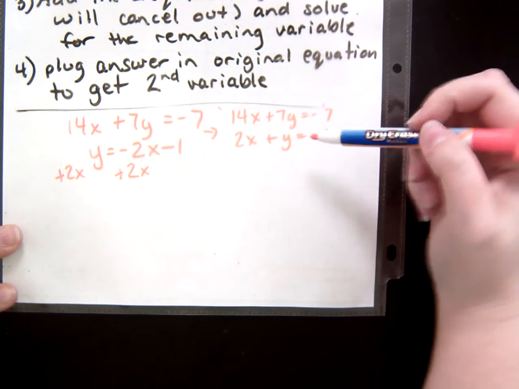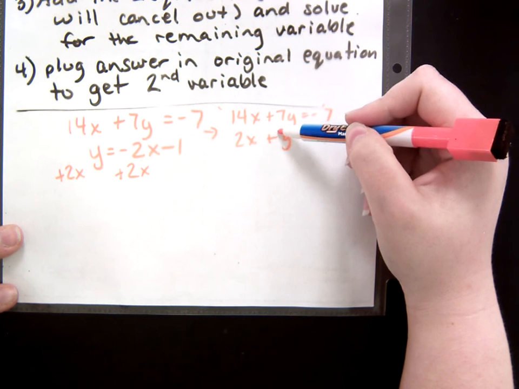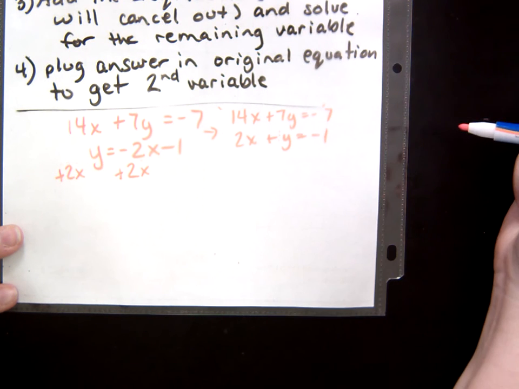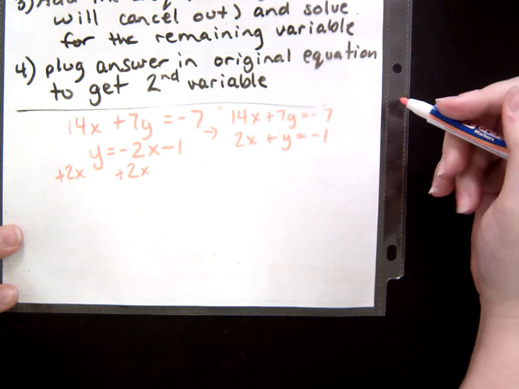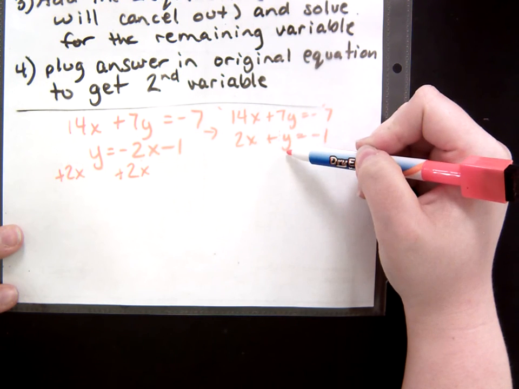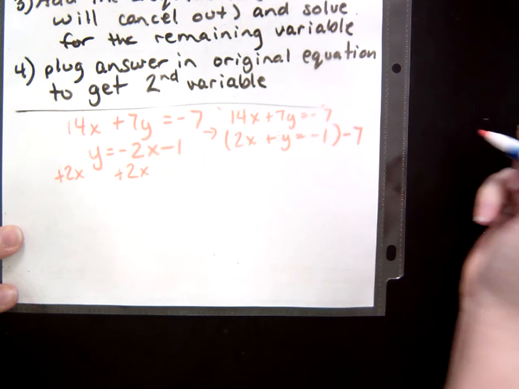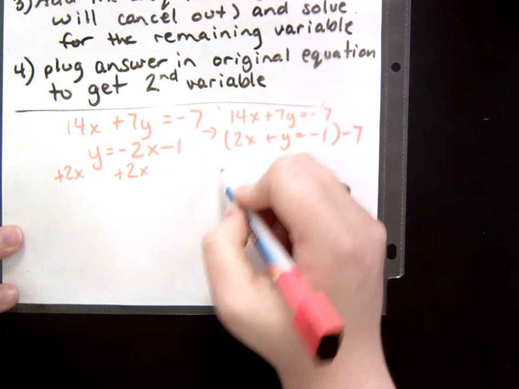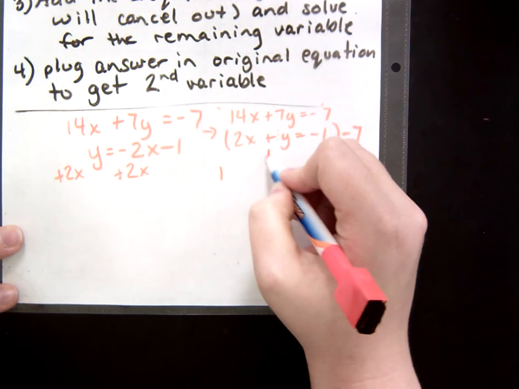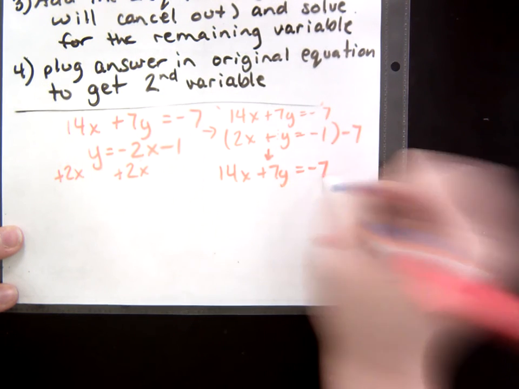So I'm going to choose to eliminate the y's, because anytime I have a coefficient of 1, that's a pretty easy one to manipulate. So I can multiply this by negative 7 to cancel out the top one. I'm going to rewrite my equations down here. 14x plus 7y equals negative 7, not changing that one.